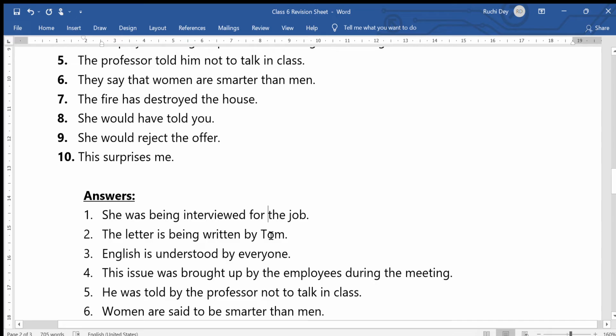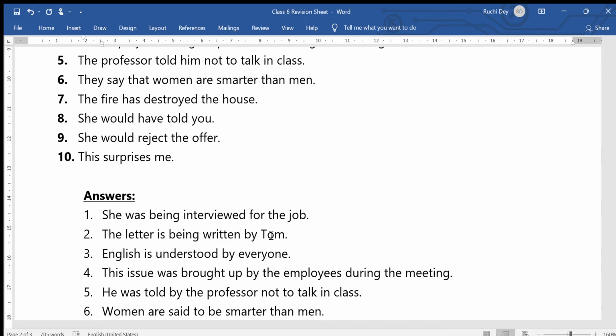Women are said to be smarter than men. Now, they here can be skipped. Like in the end, we need not mention by them. When it is a random, unknown thing, you can skip it out. So, women are said to be smarter than men.